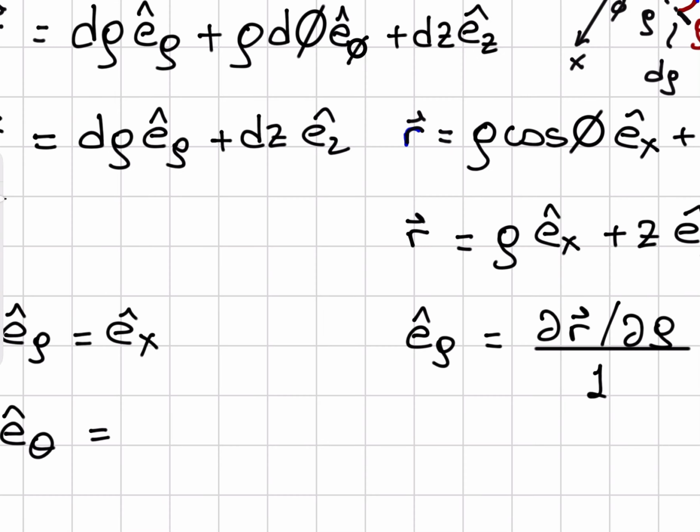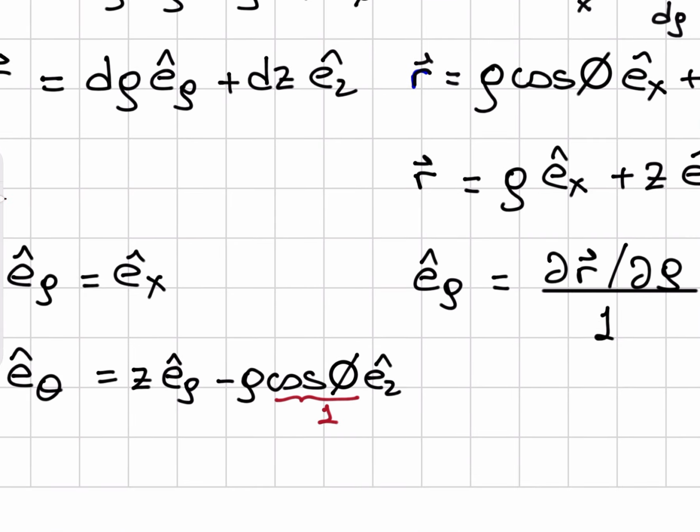So it is z e rho hat minus x ez hat, where x is rho cosine phi in the ez hat direction, but we also know that phi is equal to 0. So cosine phi is basically equal to 1 because phi is equal to 0 degrees on this contour.